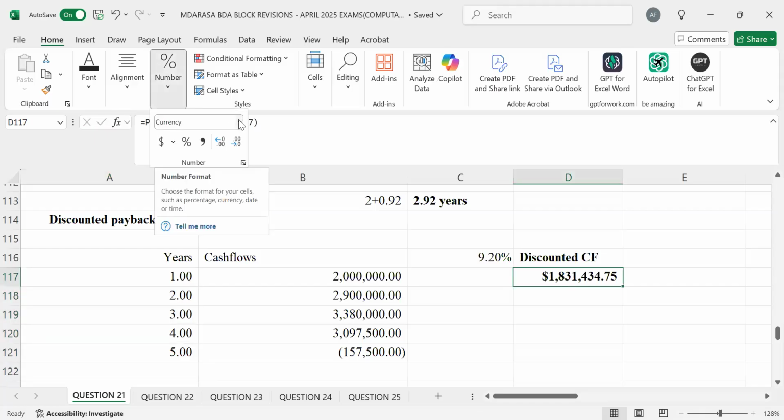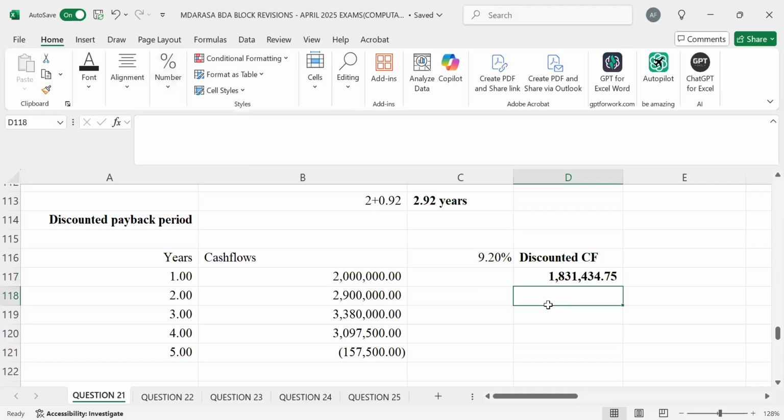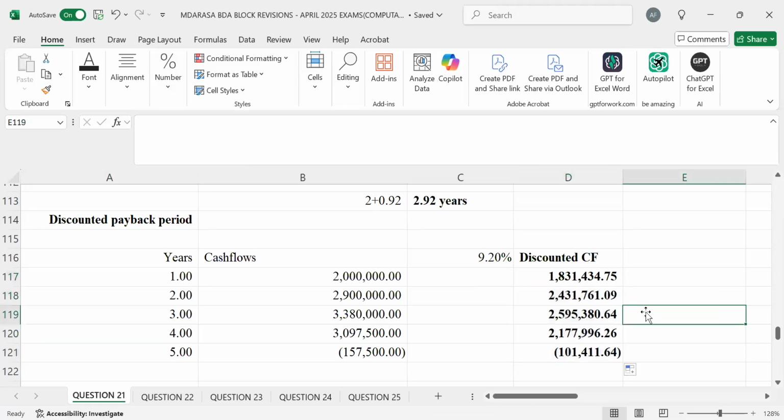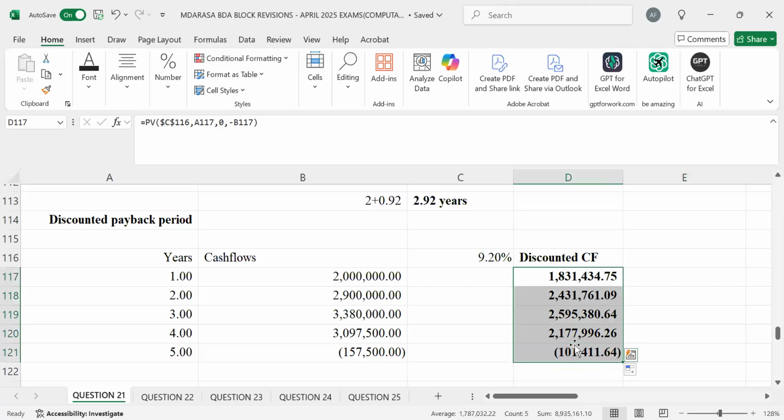We have it at that point, the discounted cash flows now. So we just drag that all through. These are our present values, the discounted cash flows.